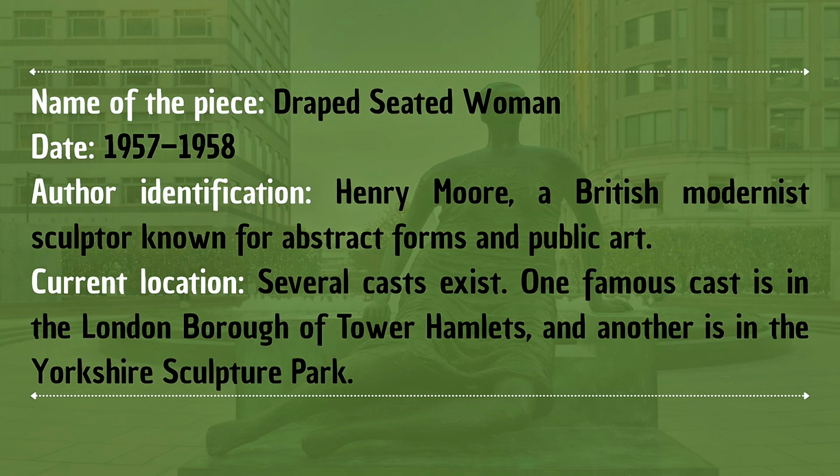Date: 1957 to 1958. Author identification: Henry Moore, a British modernist sculptor known for his abstract forms and public art. Current location: several casts exist. One famous cast is in the London Borough of Tower Hamlets, and another is at the Yorkshire Sculpture Park.